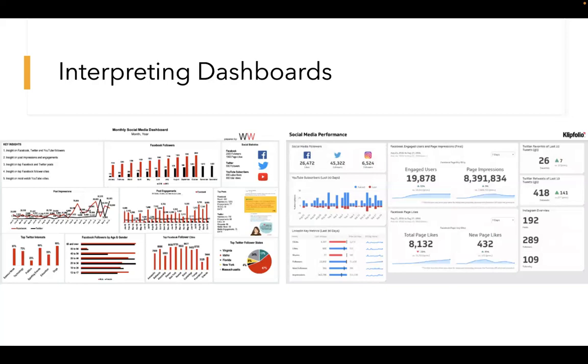And lastly, which is probably one of the most important ones, I feel, new page likes. How many new people are liking or engaging with your posts? You always want to figure out ways to expand your audience. You want to find out who your target audience is, but you also want to figure out ways to bring in new people.